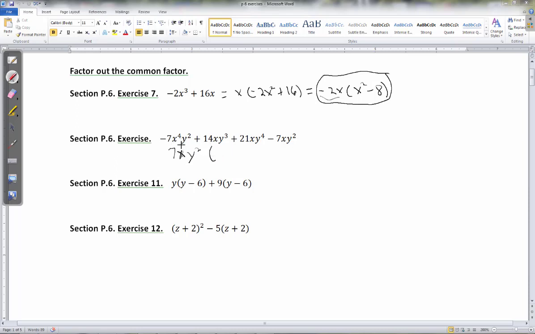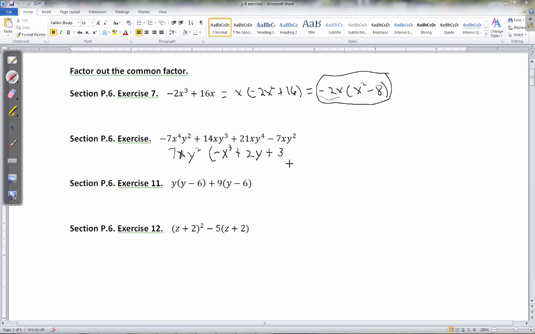If I divide that out of each term, still have the negative, I will have 3 x's left in this first term. I won't have any y's, so that's done there. Plus, I should have 2. Took away an x, took away 2 y's, so I should still have 1 y left. Plus, divided by 7, so that will be 3.